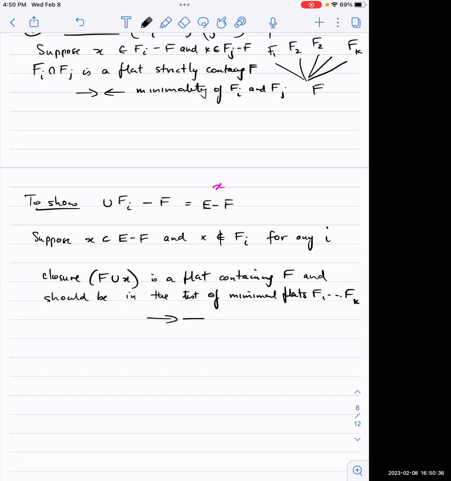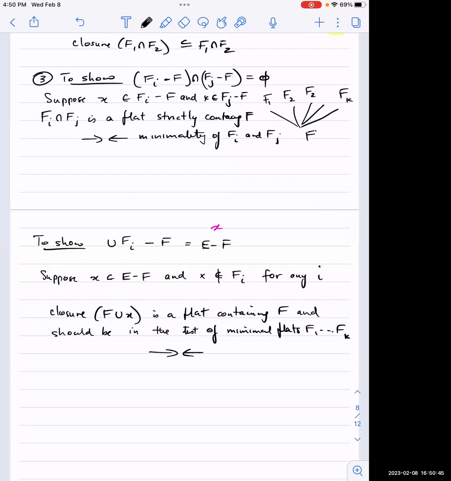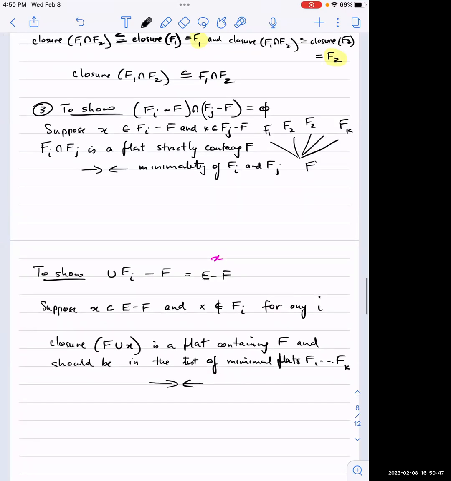So that's a contradiction there too. The contradictions are just one-line contradictions, but they give a very meaningful axiom.